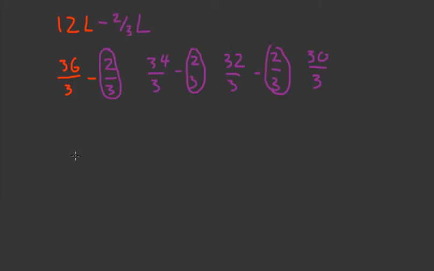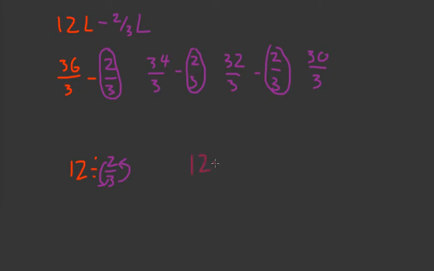So we have 12 divided by 2/3. In order to divide, we have to flip this over. Put the 3 up there and the 2 down here, and then we multiply.